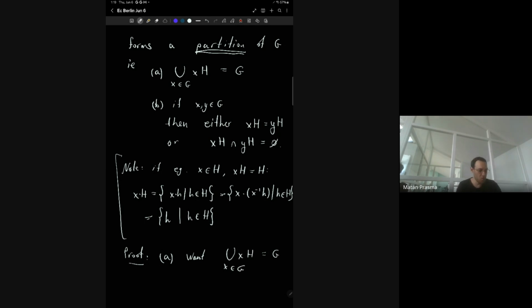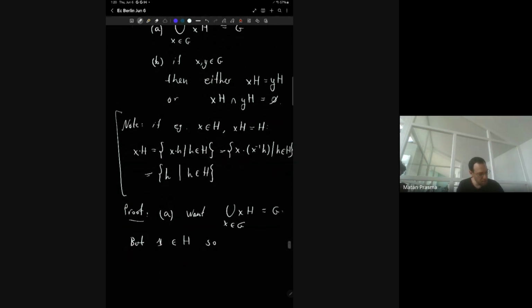That's very easy because one is always an element in H. So for any x in G, x times one belongs to the coset xH, right?